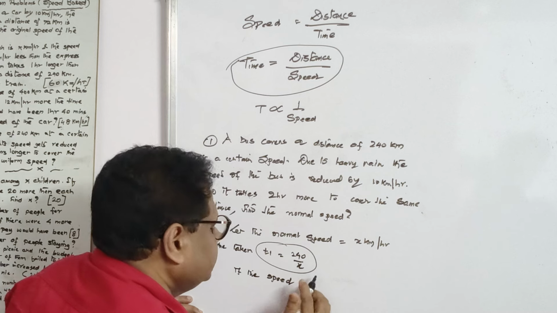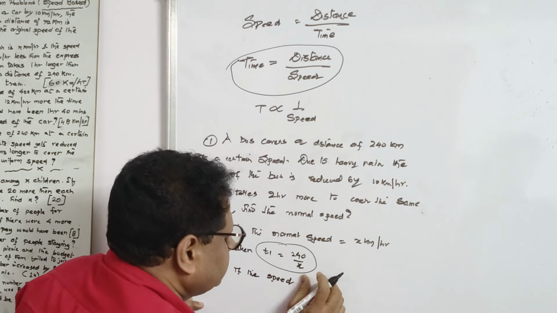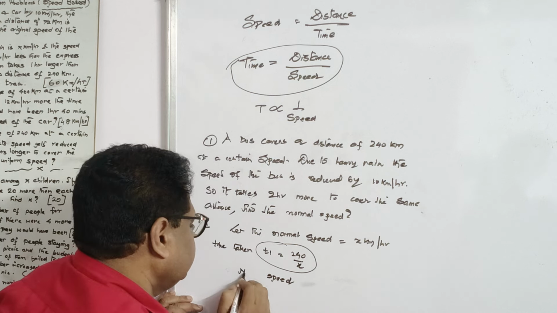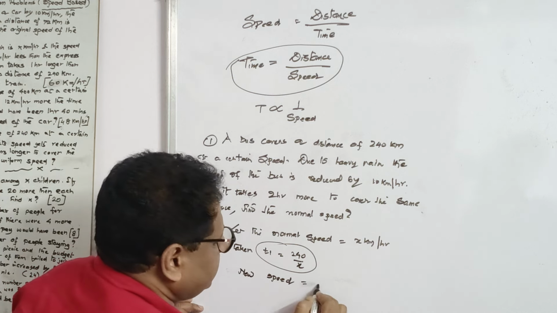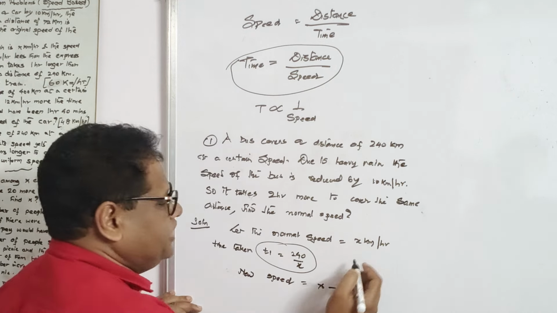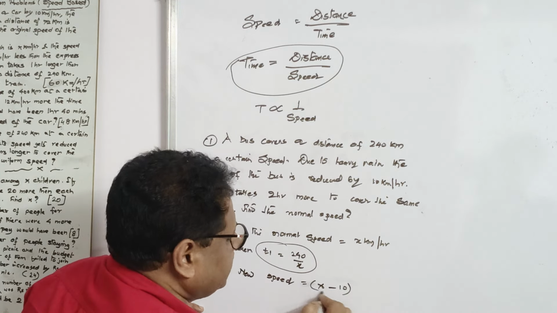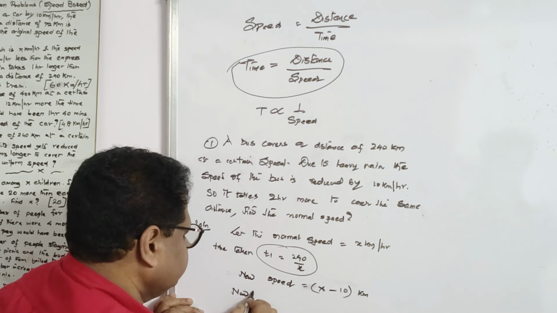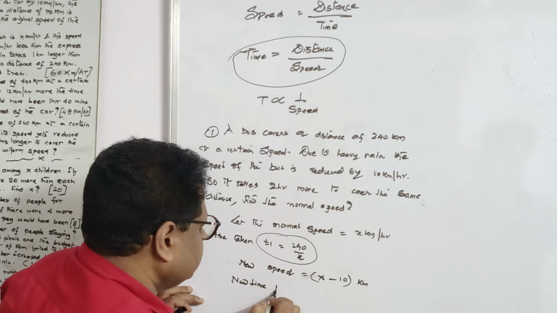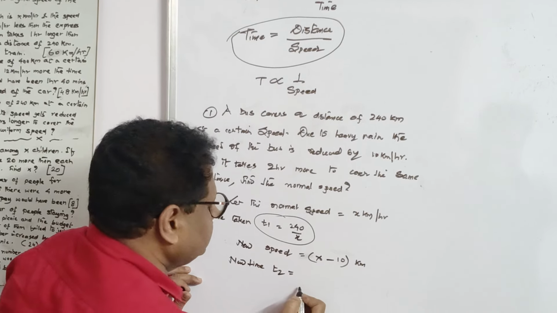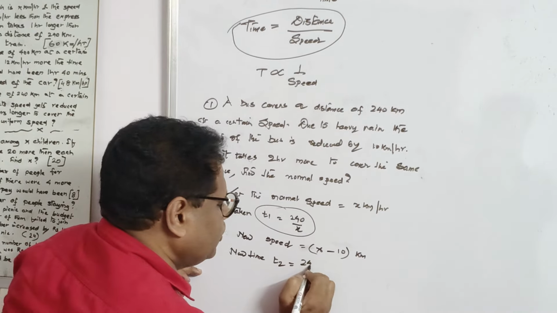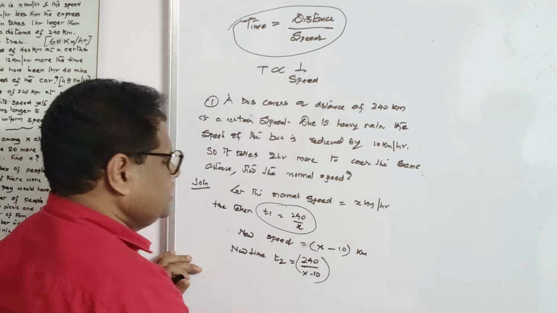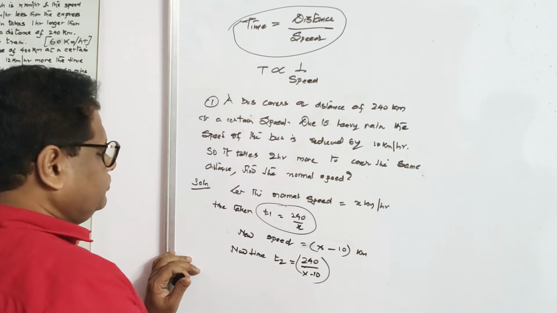So the new speed is x minus 10, since x was the initial speed. What about the new time taken? The new time t2 equals the same distance 240 covered with this speed, 240 by x minus 10.